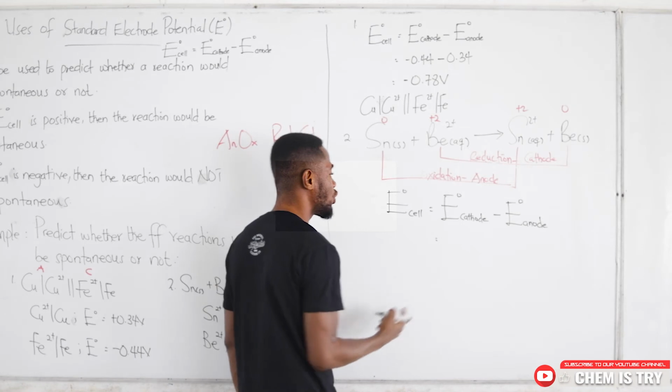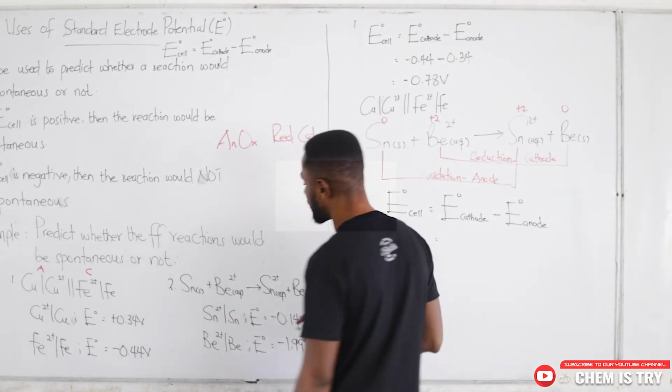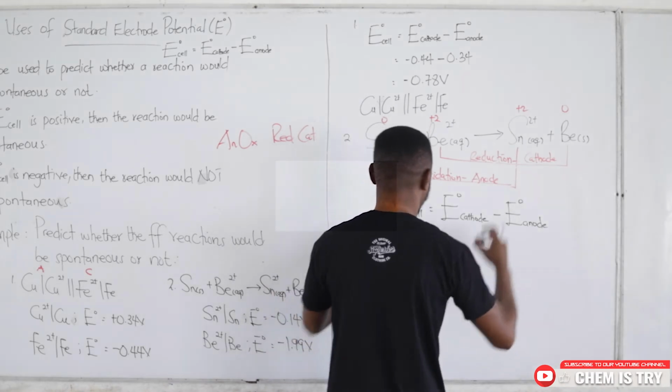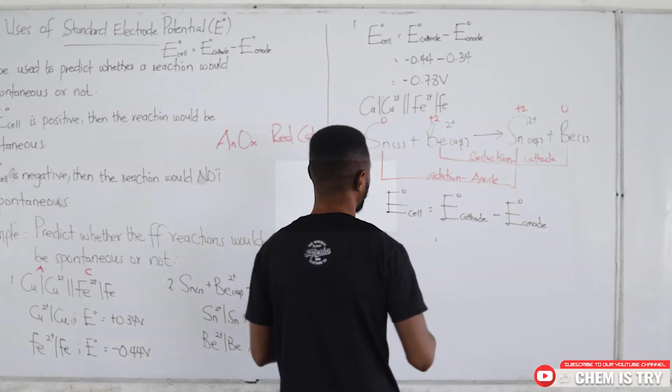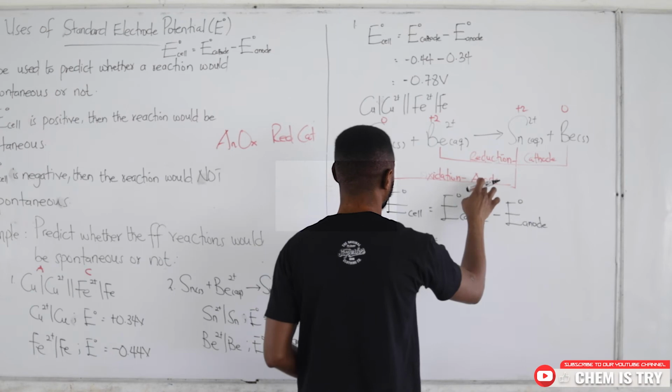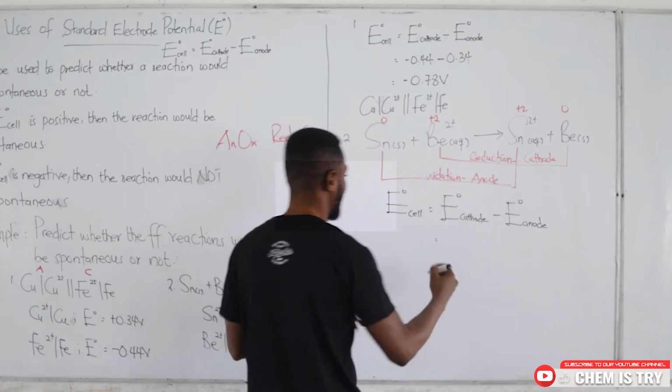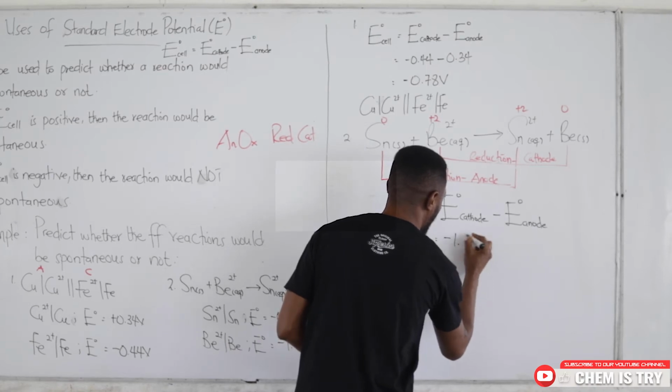In the question, we were given the standard reduction potential of tin to be negative 0.14, and that is constituting our anode, and that of beryllium to be negative 1.99, that constitutes our cathode.